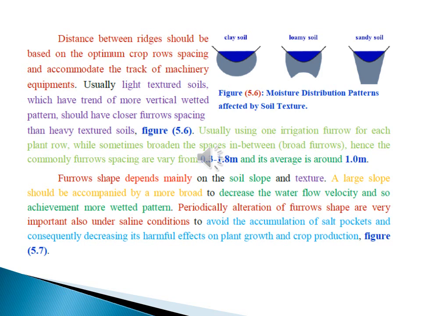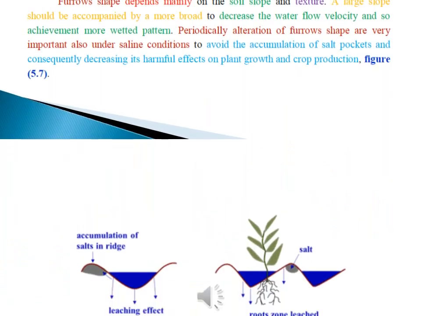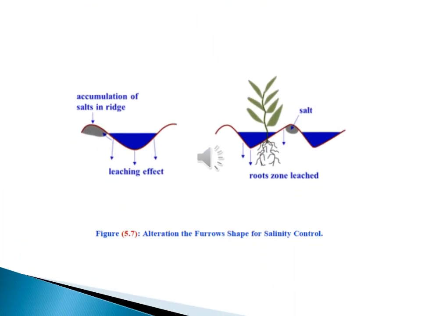Anyway, alteration of furrow spacing is also very important under saline conditions to avoid the accumulation of salt pockets and consequently decrease the harmful effects on plant growth and crop production, as shown in the enclosed figure. Figure showing alteration of the furrow shape for salinity control, to lead the accumulation of salt pockets.